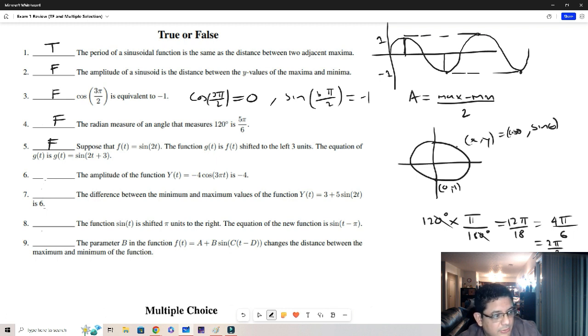So instead, to shift the function sine of 2t by 3 units to the left, we need sine of 2 times (t plus 3), and that will be equal to sine of 2t plus 6, because we're shifting to the left.